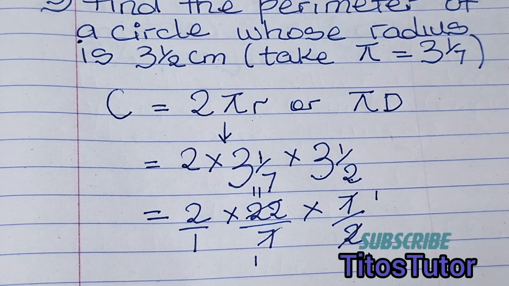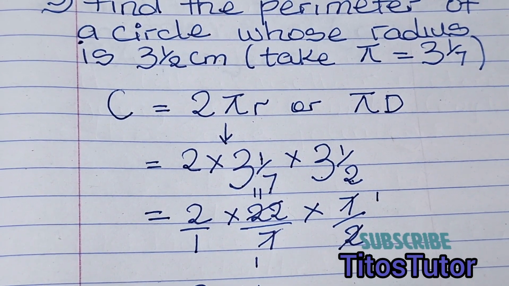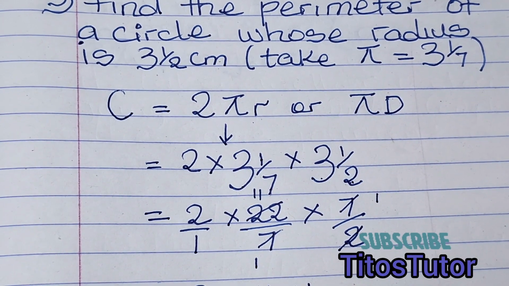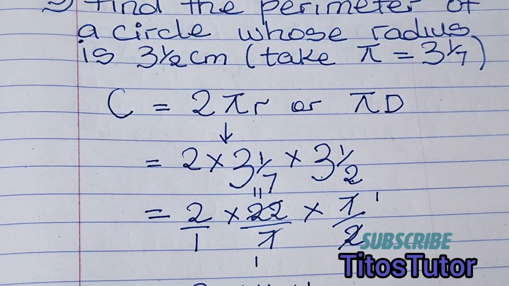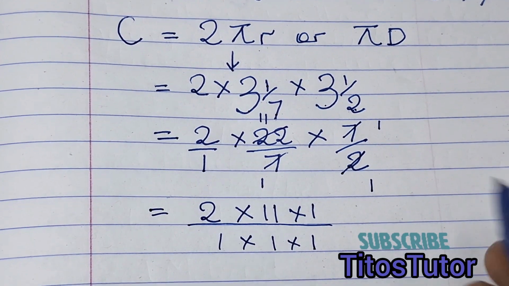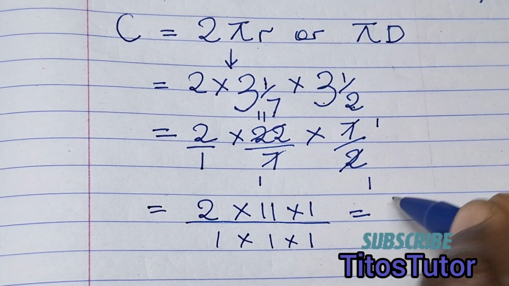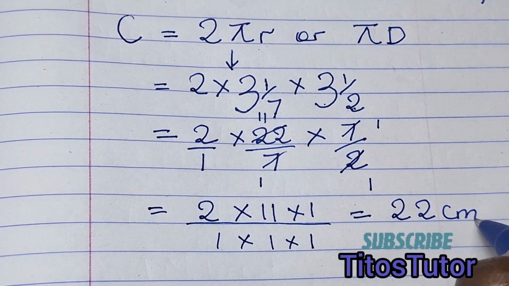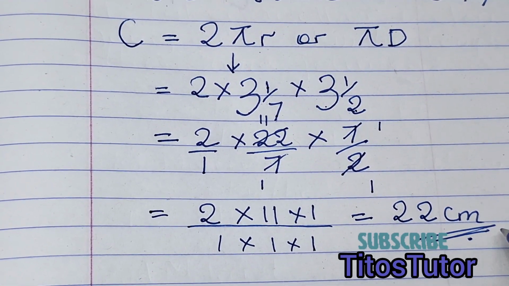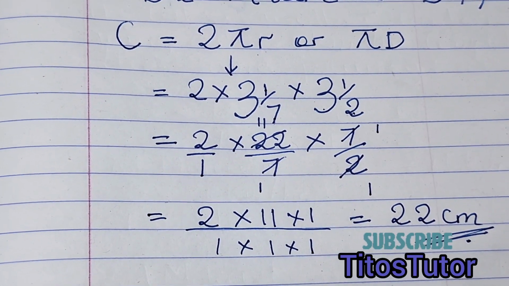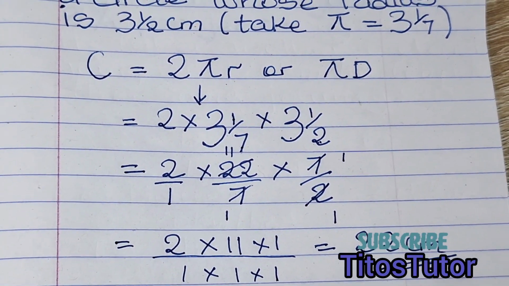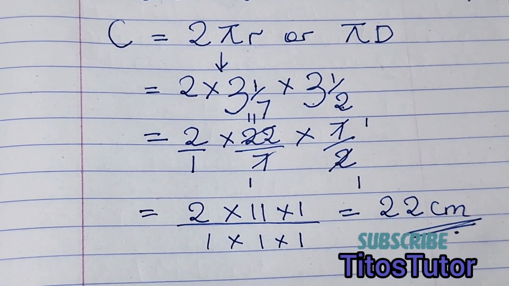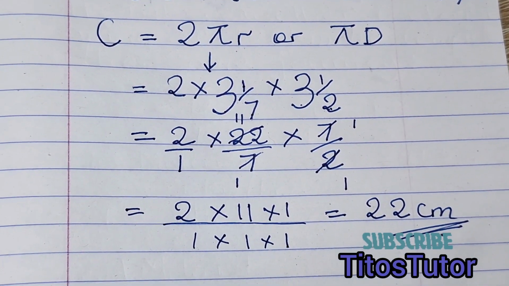So I'm left with 2 times 11 times 1 all over 1 times 1 times 1. Okay, so my final answer is going to be 2 times 11, which is 22 centimeter, because over 1 is still the same as 22. So the perimeter of that circle is 22 cm.